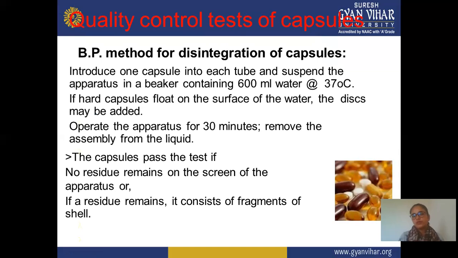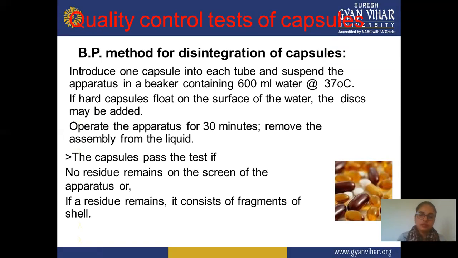According to BP, method for disintegration of the capsule means how you calculate or check the disintegration time of the capsule according to BP, the specific procedure that is given in British Pharmacopoeia. According to BP, introduce one capsule into each tube, suspend the apparatus in a beaker containing 600 ml at 37 degrees Celsius temperature.